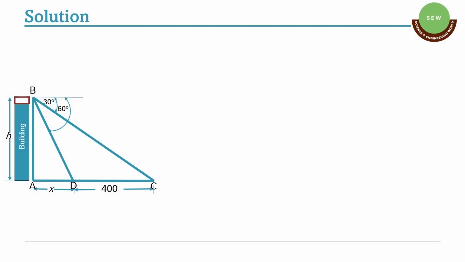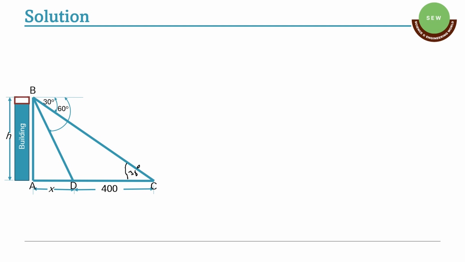At first, when the mother was looking at the boy, he had an angle of depression of 30 degrees. So that angle of 30 degrees is also equal to this angle here, 30 degrees, because of alternate angles.